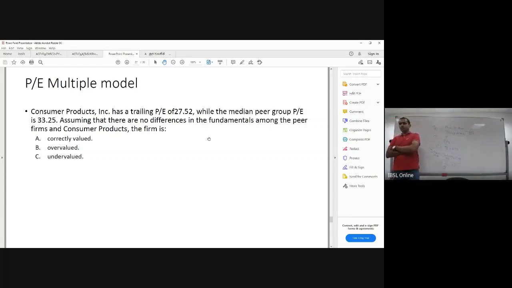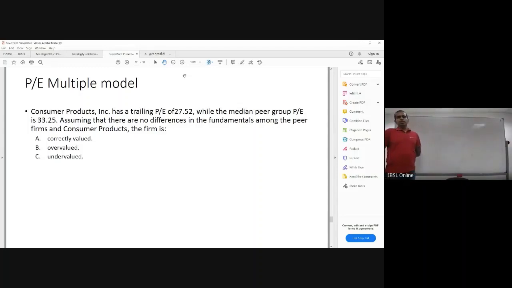Assuming that there are no differences in fundamentals among the peer firms and consumer products, is the firm correctly valued, overvalued, or undervalued? What do you think? Undervalued. Is it?